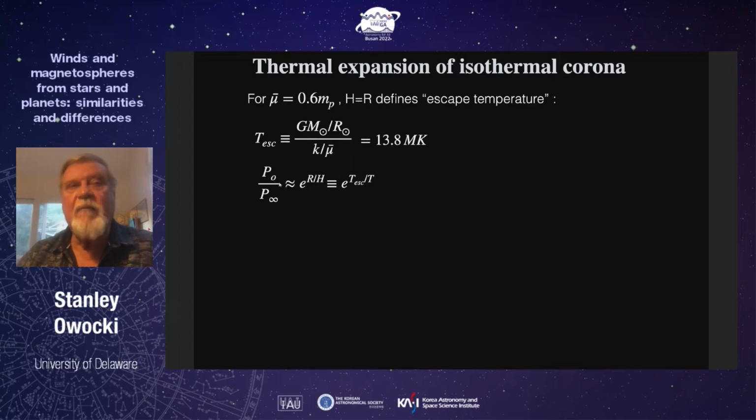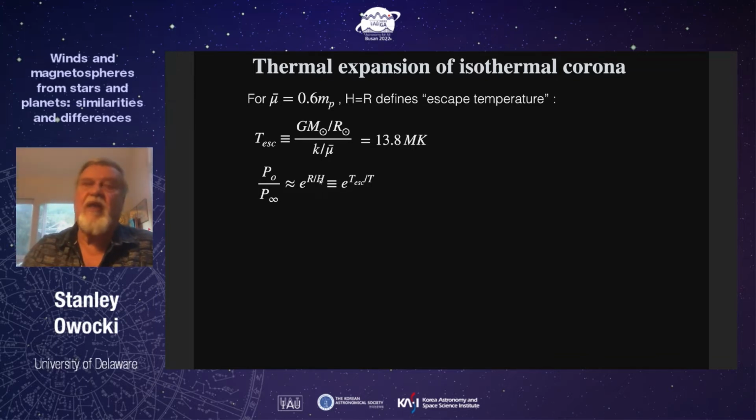One of the key points is that if the scale height becomes comparable to the stellar radius, things change. When the ratio between scale height and radius is very, very small, as in the photosphere, the density drops and the pressure drops exponentially as you go further up.